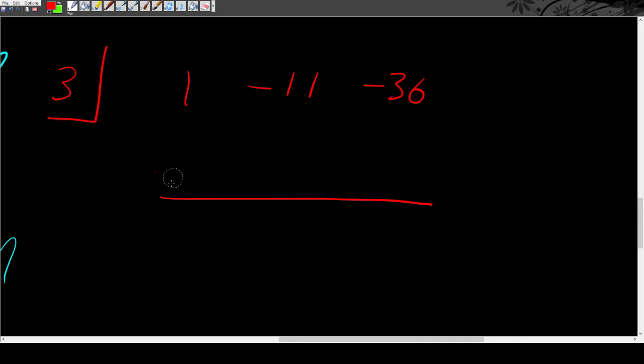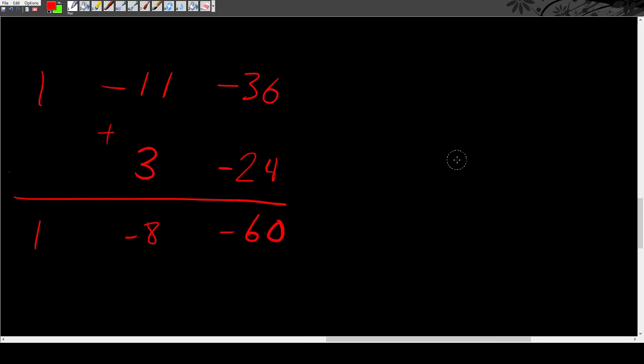Bar, and then just drag down. 3 times 1, 3. The sum of this is negative 8. And then this times this is negative 24. This is negative 40 minus 20, which is negative 60.